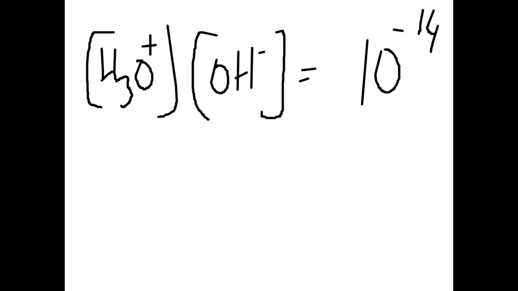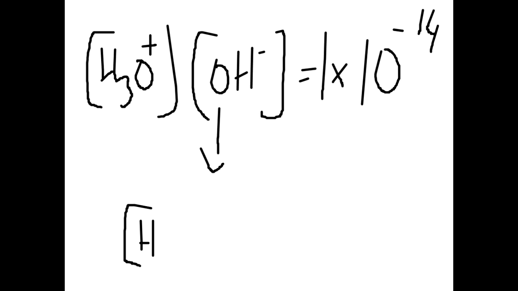That's the formula you're going to use. Didn't I just give you the OH minus in the problem? So you're going to solve for H3O plus first. By the way, 10 to the negative 14 is 1 times 10 to the negative 14, same thing. So now plug in the OH minus and tell me what your H3O plus should come out to be. Solve.